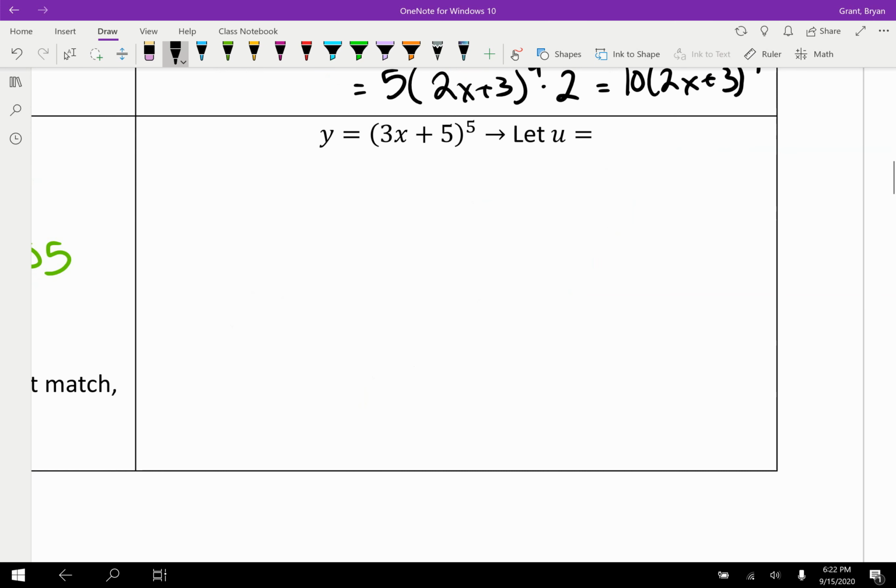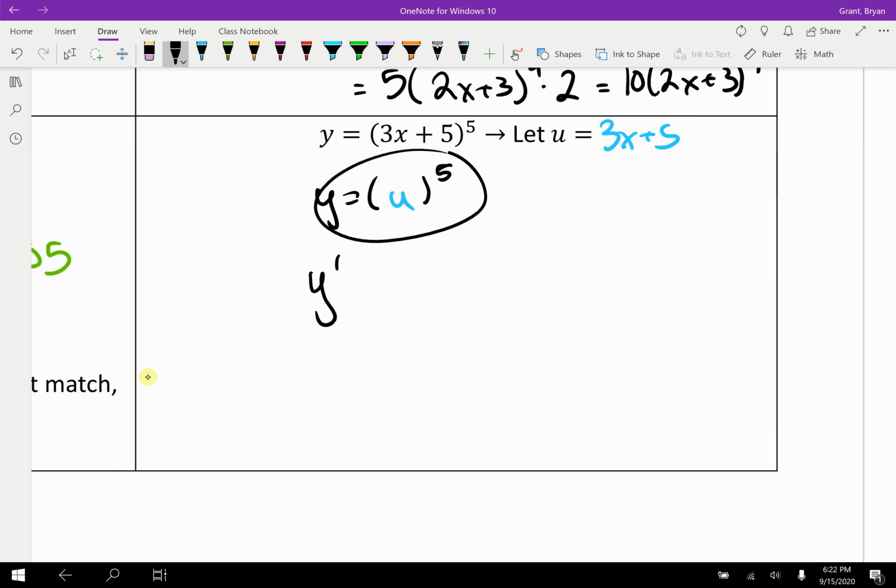Let's try to do it a little quicker, though. U substitution. Well, my u is going to be 3x plus 5. That gives me that y is equal to u to the fifth, which means that y prime, and now you might start to see the downfall of the Newtonian notation, because with y prime, we're like, wait, is that dy/du, or is that dy/dx over here?